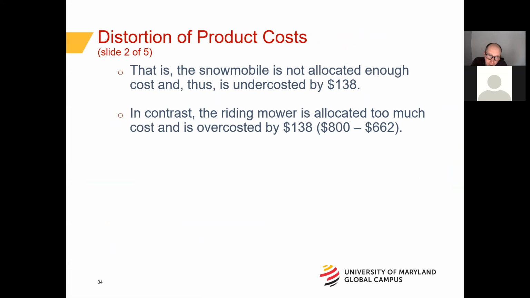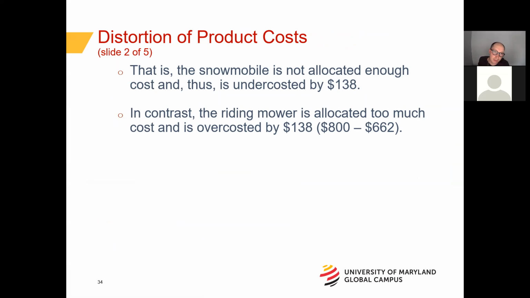It's under for the snowmobiles because 938 is different than 800, but it's over, right, by 138. And riding lawnmowers are under by 138.